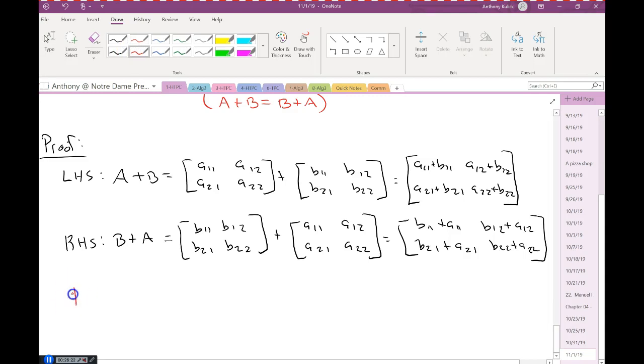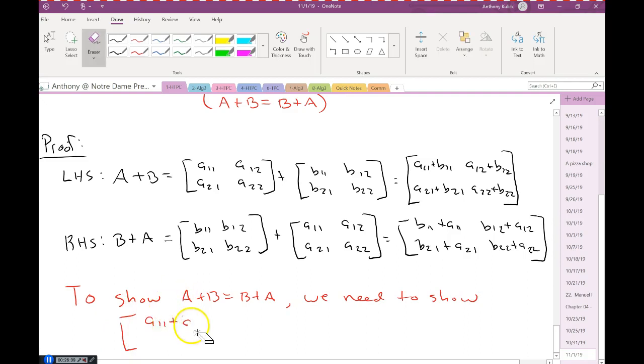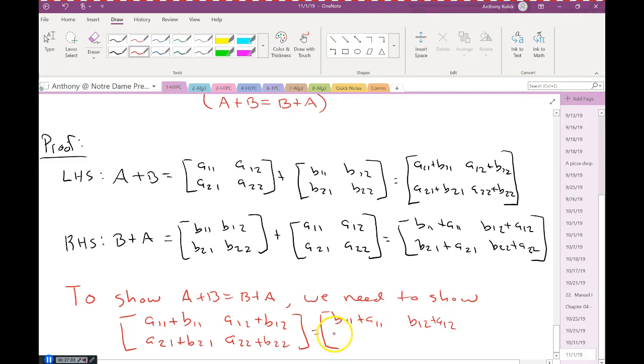So basically where we're at is, to show that A plus B is equal to B plus A, we need to show that this matrix from the left-hand side is equal to this matrix from the right-hand side.